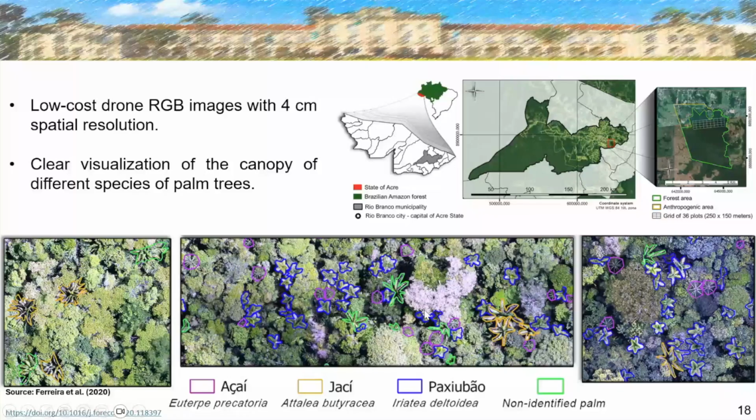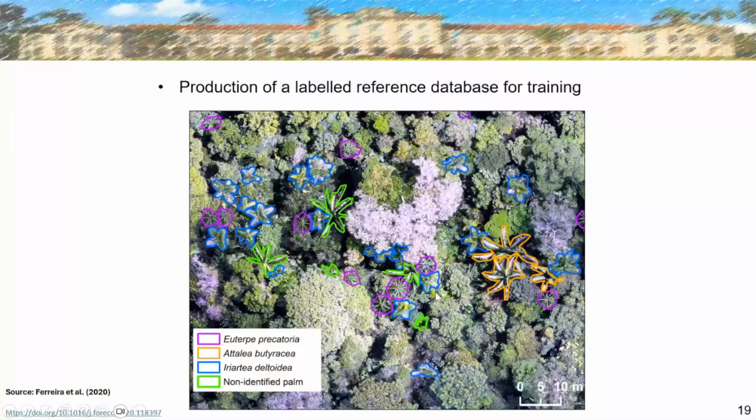And we constructed a very robust dataset of individual tree crowns. Here we can see that we have several different species of palms, but we could identify only 3 species, and some of the species that we could not identify, we call non-identified palm.